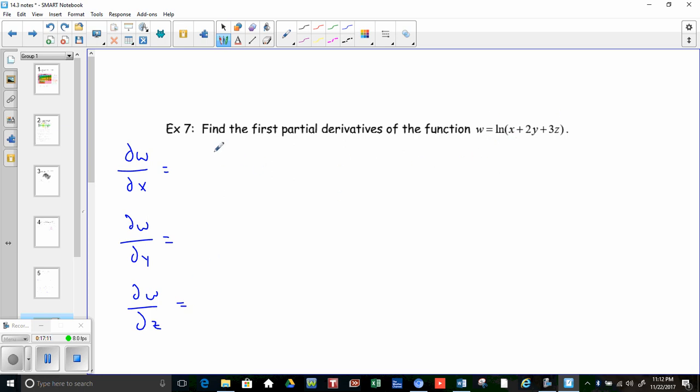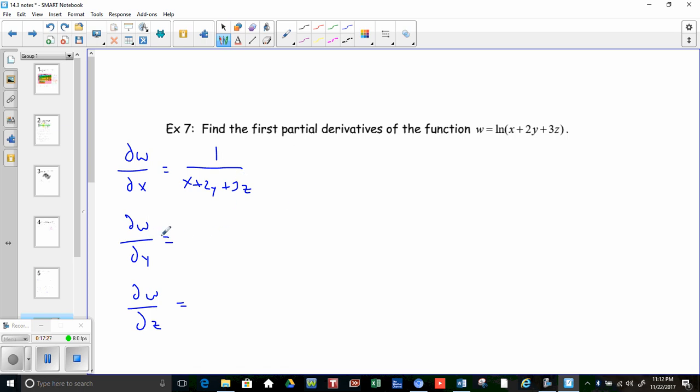Each one of these things is going to be a natural log, so it's 1 over x plus 2y plus 3z times the derivative with respect to x of the argument, which is just 1, so that's finished.